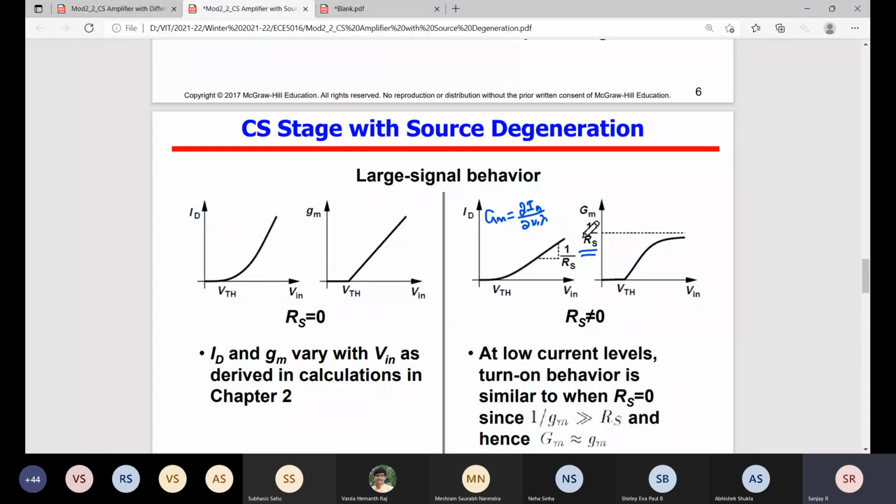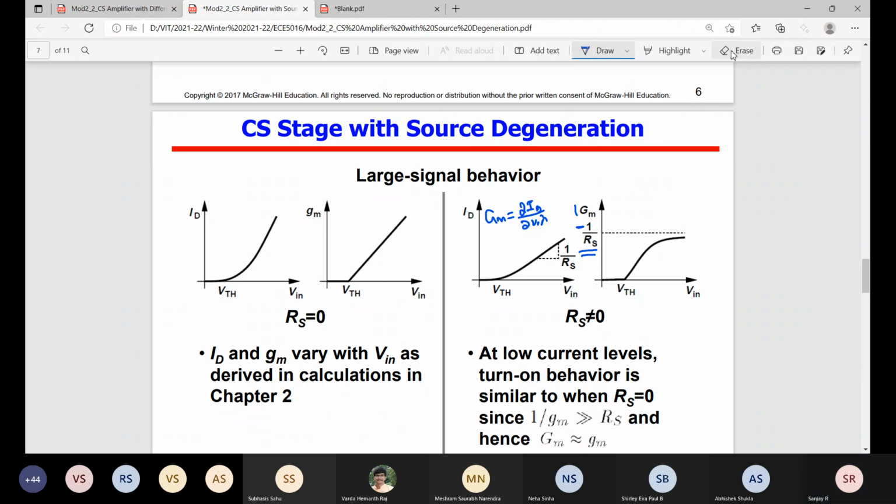Since the slope is negative, it is minus 1 by Rs. I put the mod here; you can take it as modulus of Gm. But Gm is minus 1 by Rs. That's all about this. Next class I'll finish the common source with source degeneration.